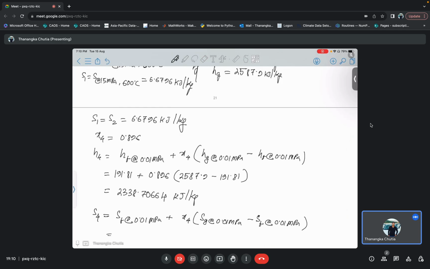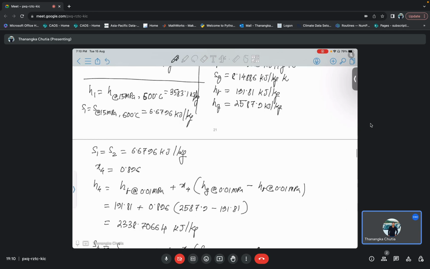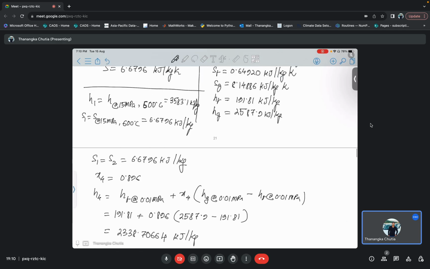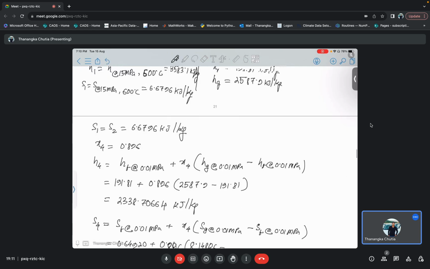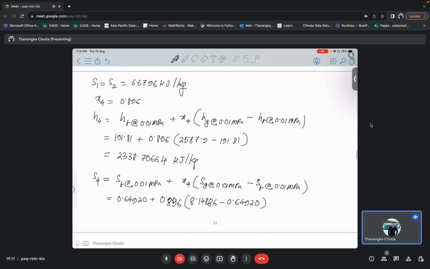So Sf is 0.64920 plus 0.896 into 8.14886 minus 0.64920, which is 7.3688 kilojoule per kg Kelvin.